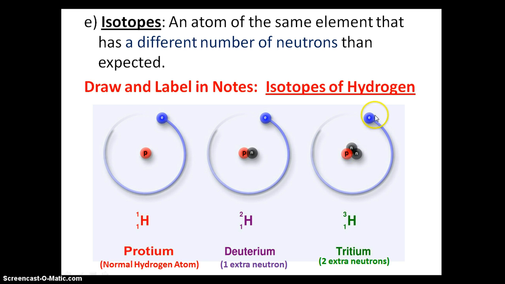That means there's protons and electrons like normal, one of each, and now there's two neutrons in the middle, so it makes it even heavier. Tritium is a heavier atom than deuterium. Deuterium is heavier than the normal hydrogen atom, which does not have any neutrons. So deuterium and tritium are isotopes of hydrogen because they have different numbers of neutrons. That's one of your ECQ questions, by the way.